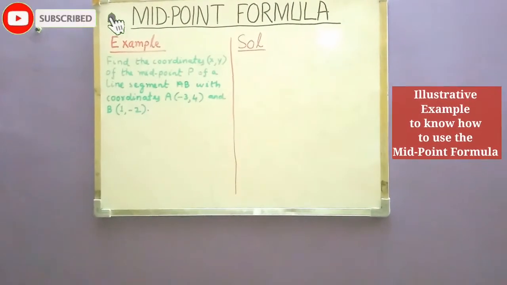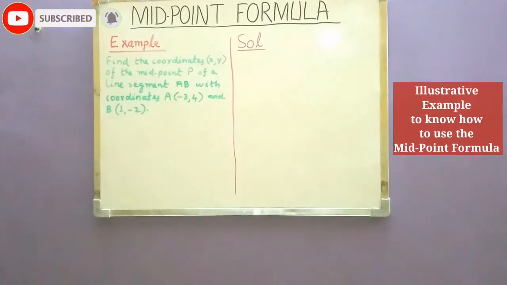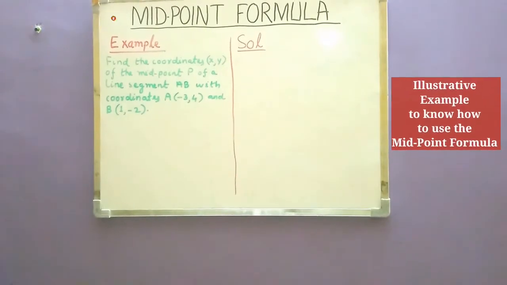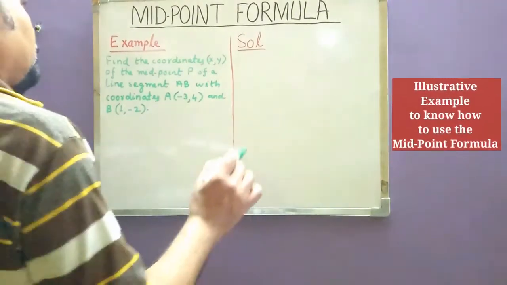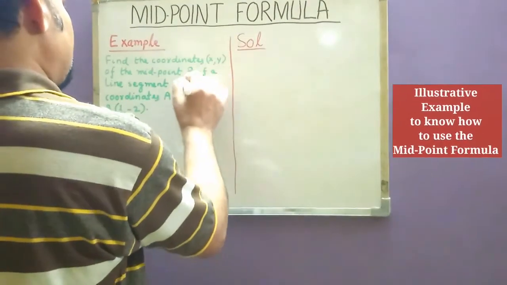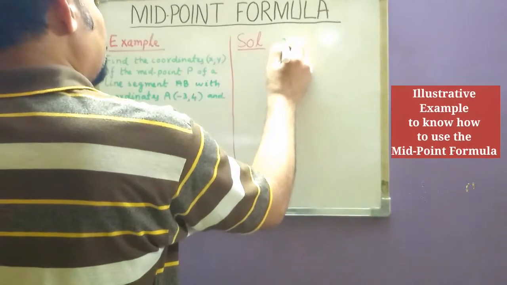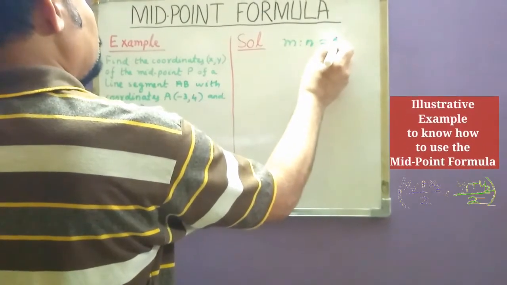Let's consider an example to know how to use this formula. Find the coordinates x, y of the midpoint P of a line segment AB with coordinates A minus 3, 4 and B 1, minus 2. Here m is to n equal to 1:1.